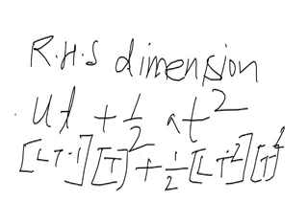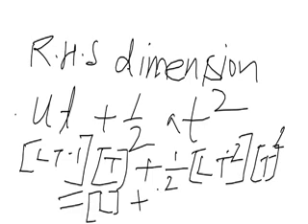So T power minus 1 and T will cancel each other and it will become L. And this is 1 by 2 and that is L. L and T power minus 2 with T power 2 will cancel each other. It becomes L by 2.